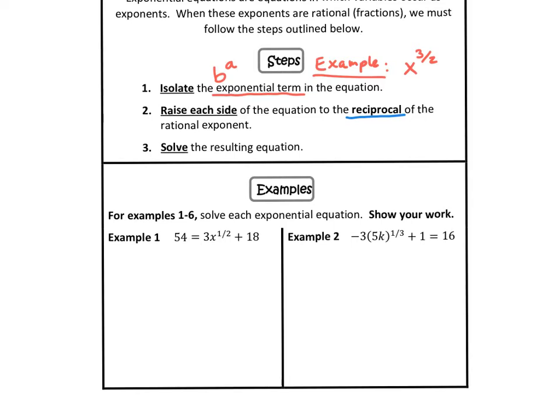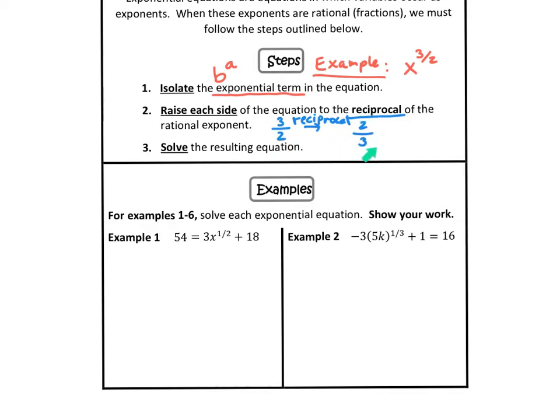If I have 3/2 as my fraction, then the reciprocal of this is 2/3. So the reciprocal of 3/2 is 2/3, because if I multiply these two, it equals 1.